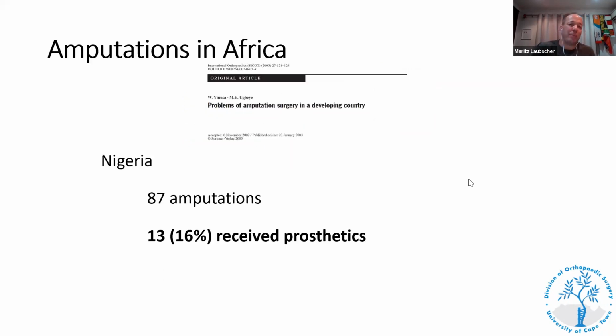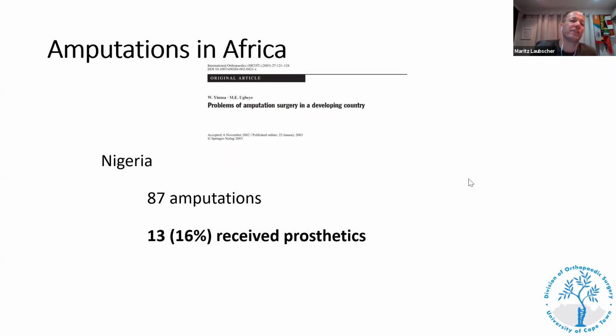There's very little published about amputees or the availability of prosthetics in Africa. This is a Nigerian paper, and I think if you look overall in South Africa, it won't be much different. In Nigeria, they looked at the National Health System, 87 amputees, and only 13 or 16% of patients received prosthetics.